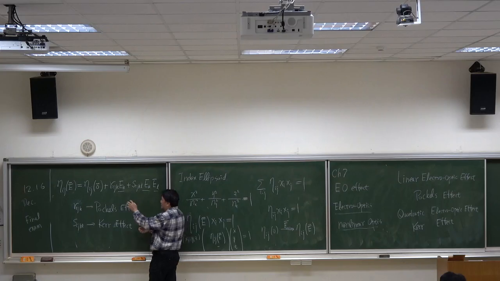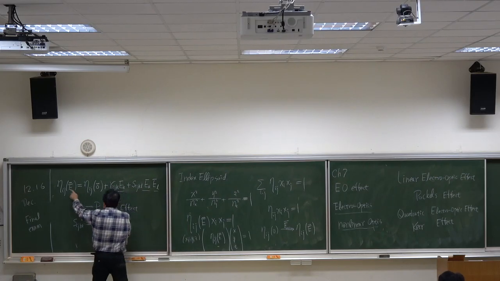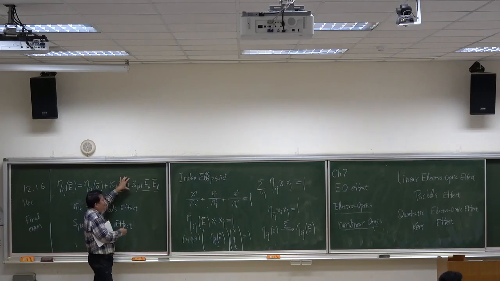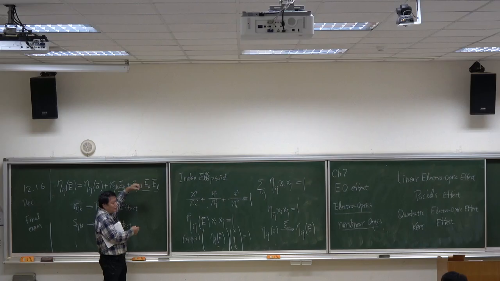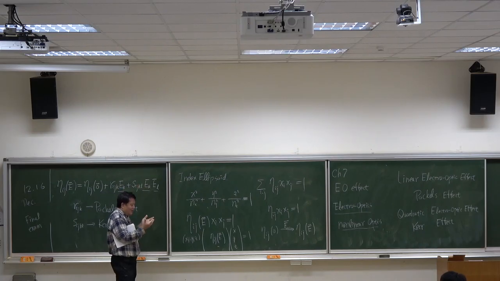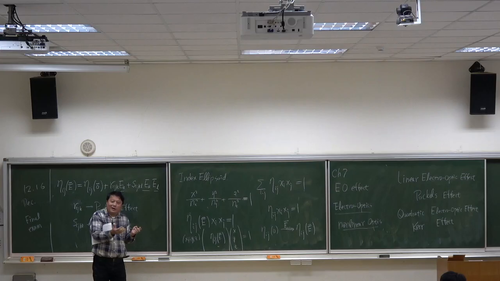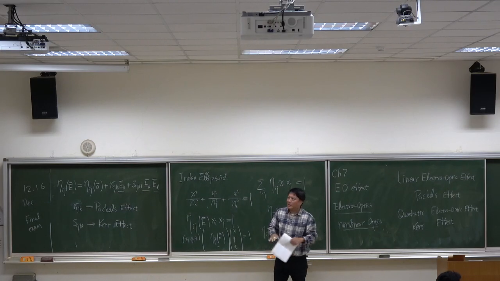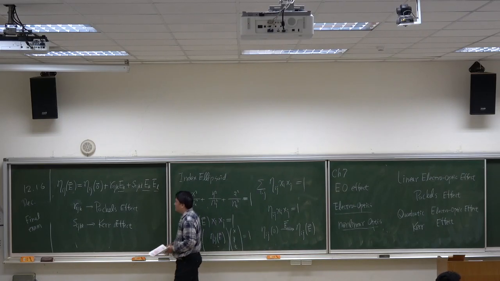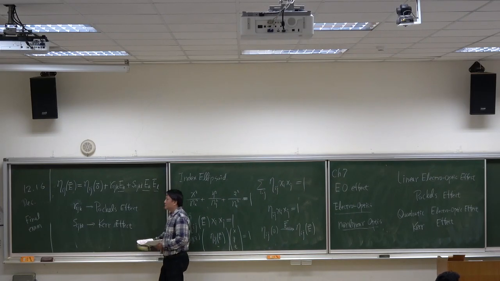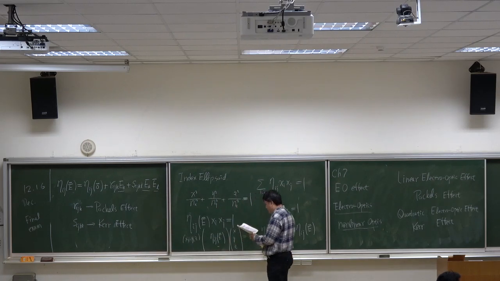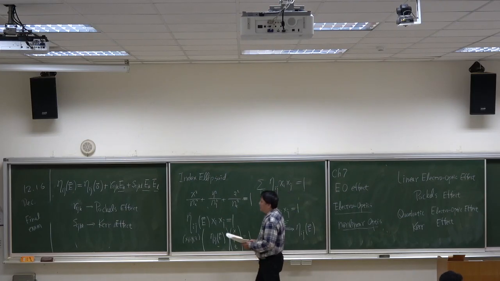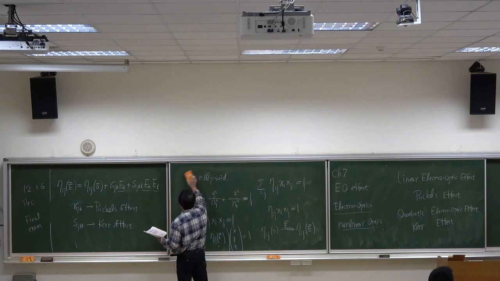So when we discuss the influence to eta, we can assume this E vector is just the E from the externally applied field.